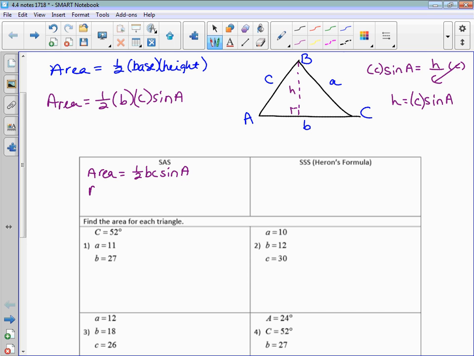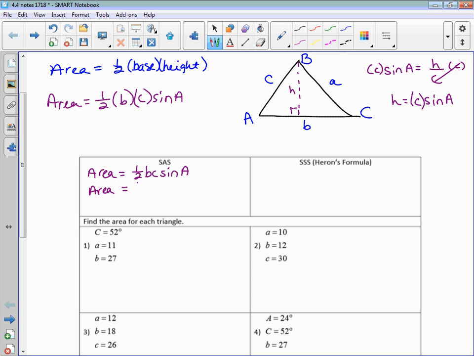What do you think the formula is if you know angle B? Look, the angle A, I know the 2 sides that were involved were B and C. So what if the angle is B? What are the 2 sides going to be?